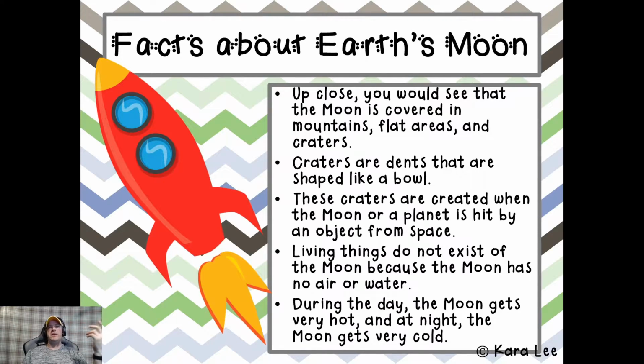These craters are created when the moon or a planet is hit by an object from space. Living things do not exist on the moon because the moon has no air and no water. During the day, the moon gets very, very hot. And at night, the moon gets very, very, very cold.